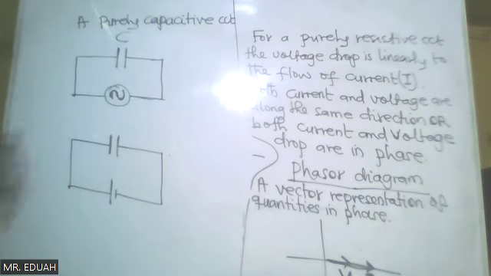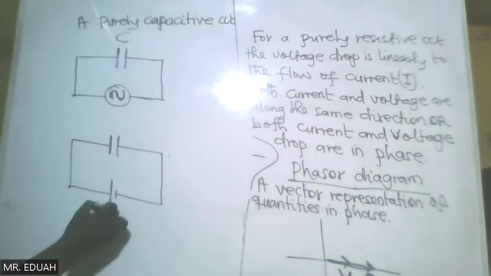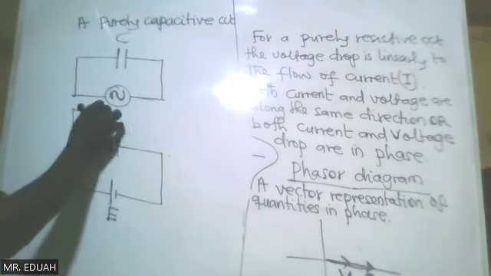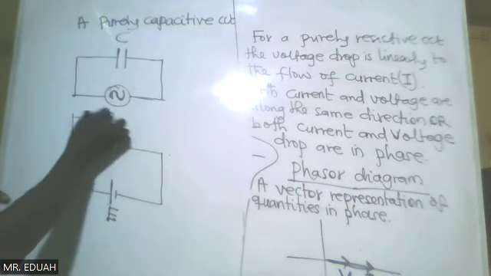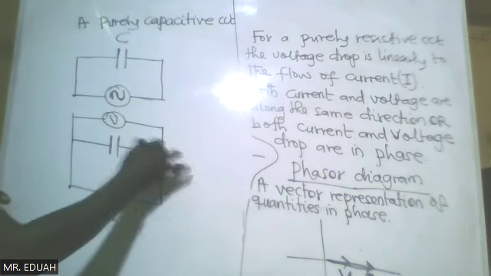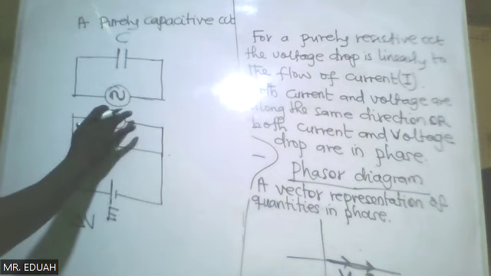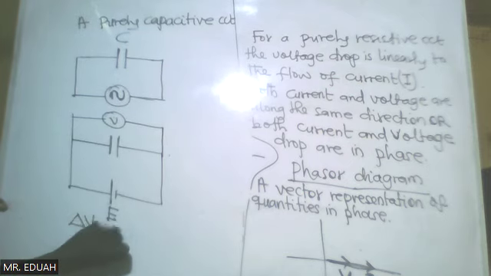So you see, a capacitor, when you connect a DC source of voltage V or EMF E, and then you connect a voltmeter across the capacitor, you realize that the voltage drop V across the capacitor will be directly proportional to the charge stored on the capacitor plates.